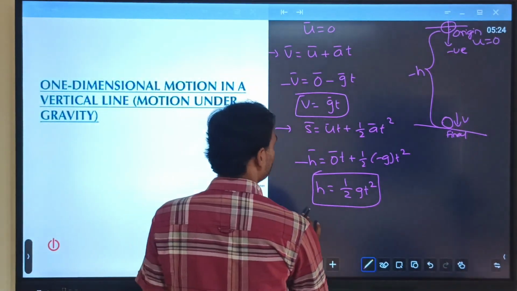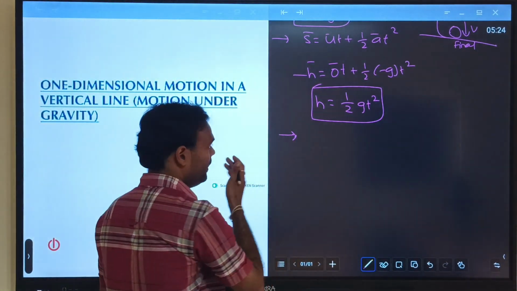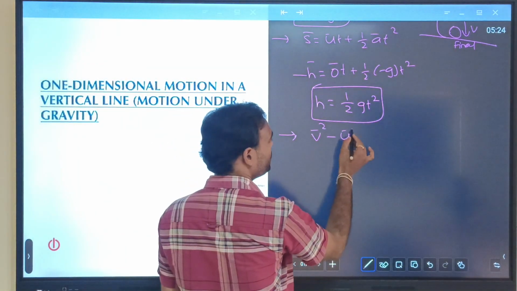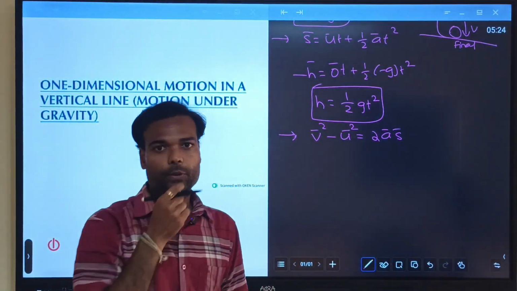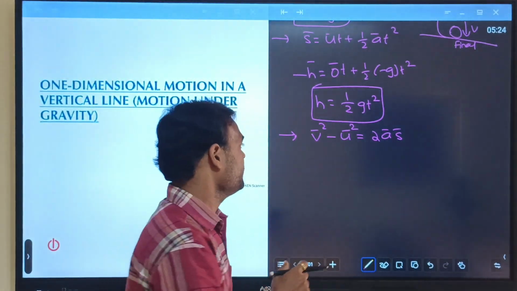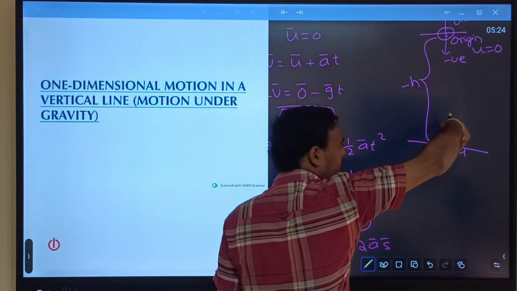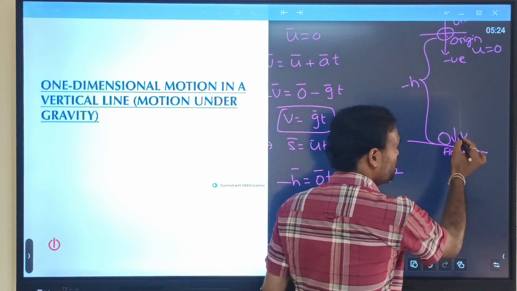Then the third one, v² - u² = 2as. How can we write this one? See here, when the object reaches this location, it has a velocity in the downward direction, which should be negative.